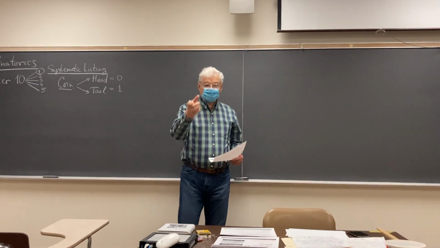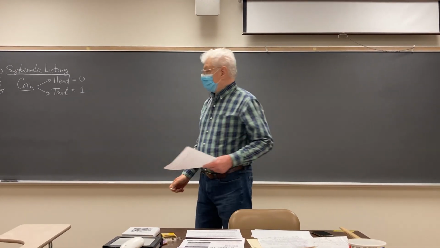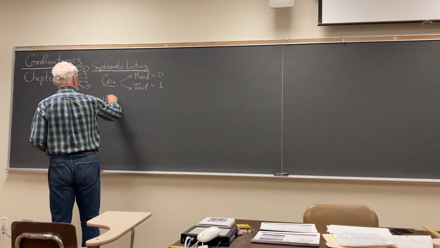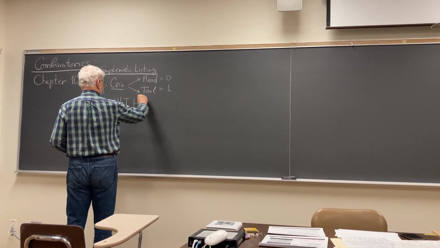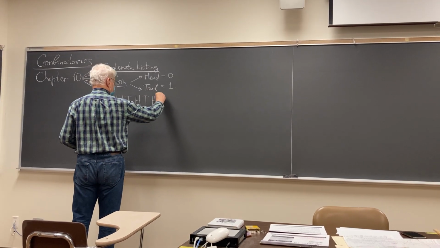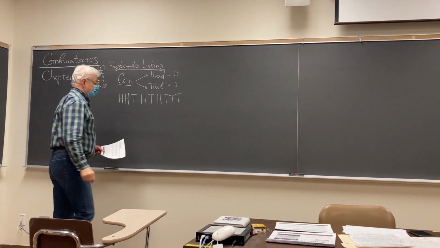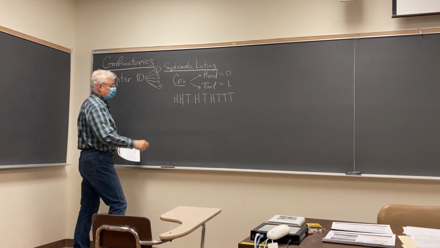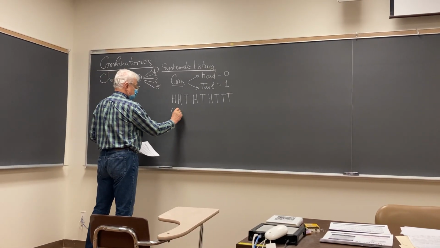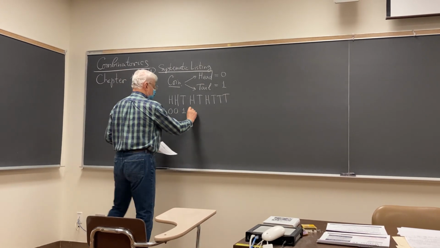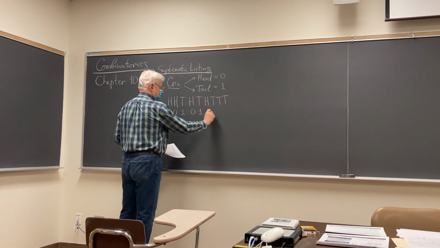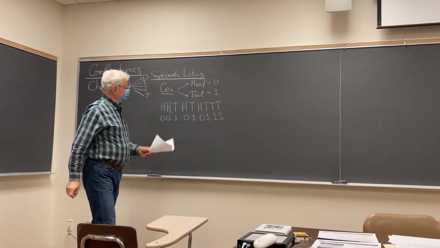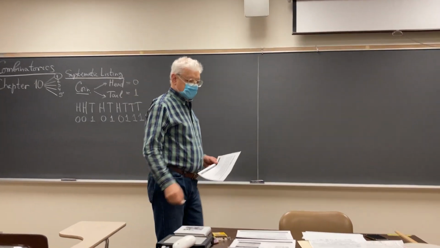So, if you toss the coin, you will have a sequence: head, tail, head, tail, head, tail, tail, tail. And this can be transformed mathematically into a sequence of zeros and ones. So we just write 0, 0, 1, 0, 1, 0, 1, 1, 1. This is the mathematical representation of your process.